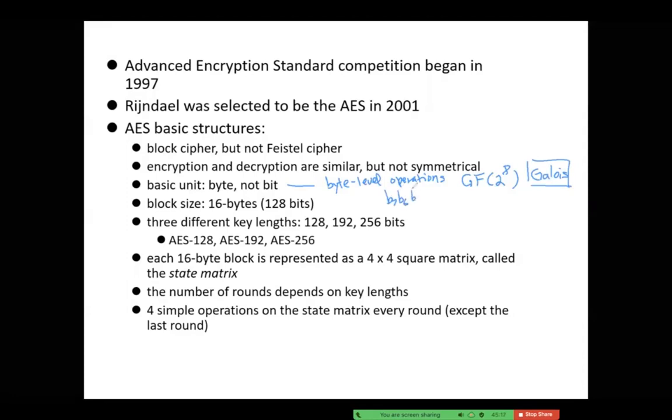So the thing here is each byte is represented by a polynomial of degree 7. So this is a byte. So this is represented by a polynomial. So this is a unique representation.